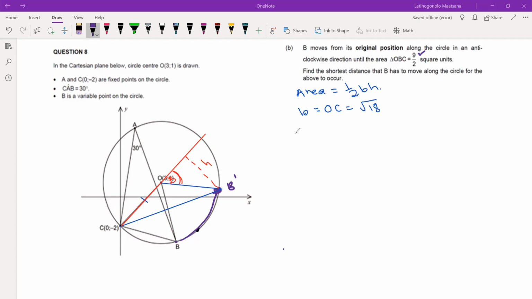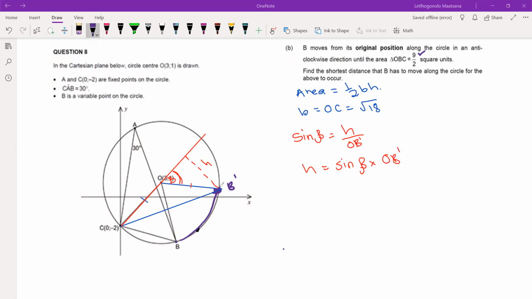We can see here that sine of beta will give us our perpendicular height over our OB, or our new OB, which is OB prime. And then we can say that our height is sine of beta multiplied by our OB prime.